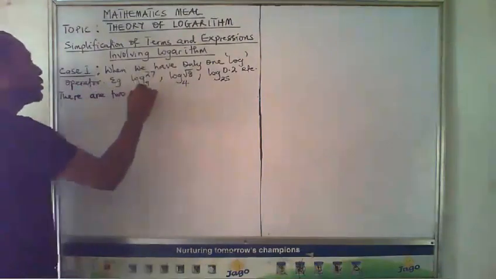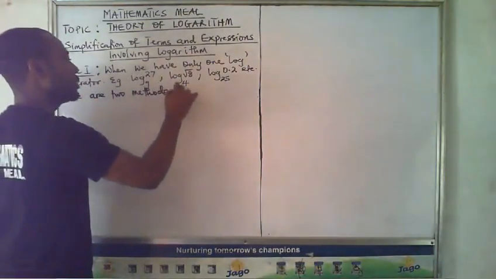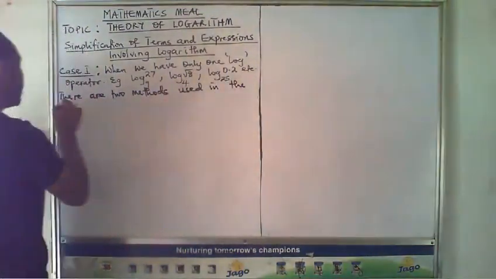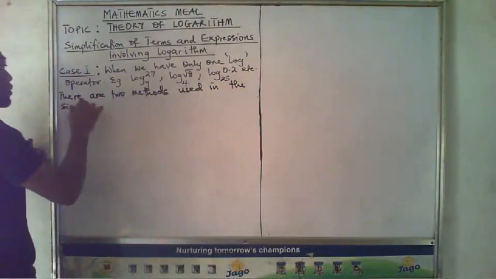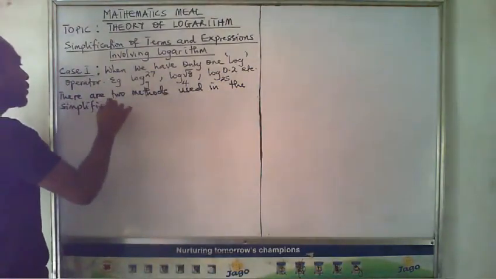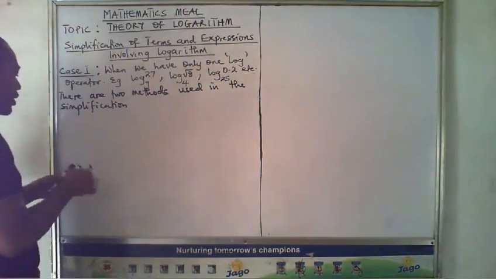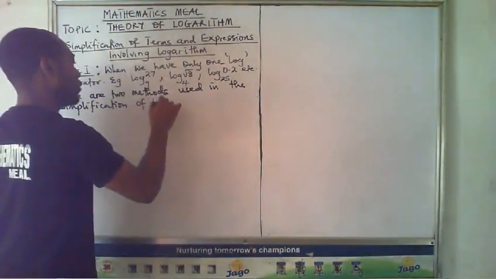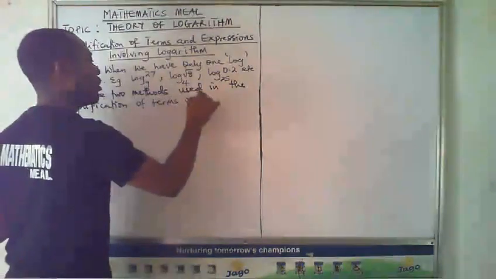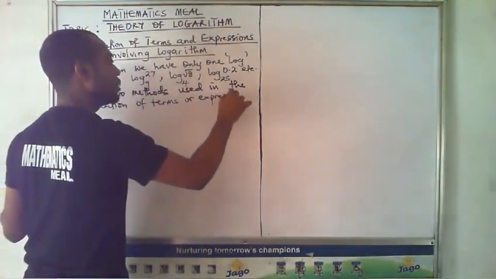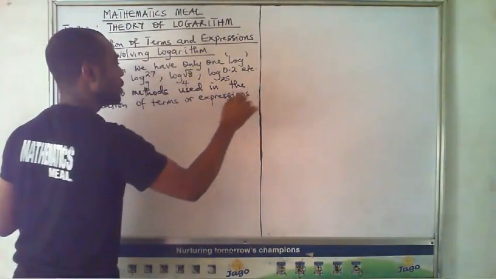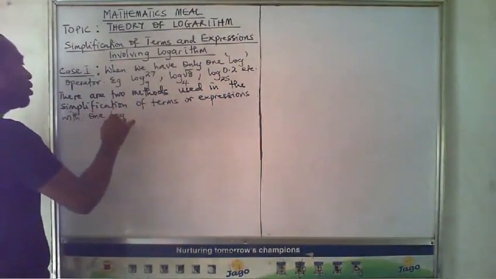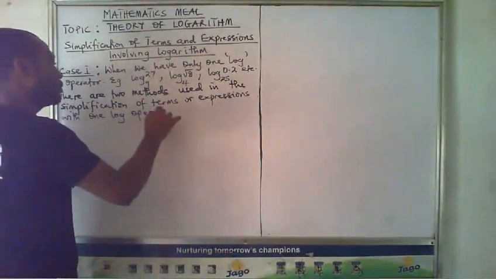There are two methods used in the simplification of terms or expressions with one log operator.